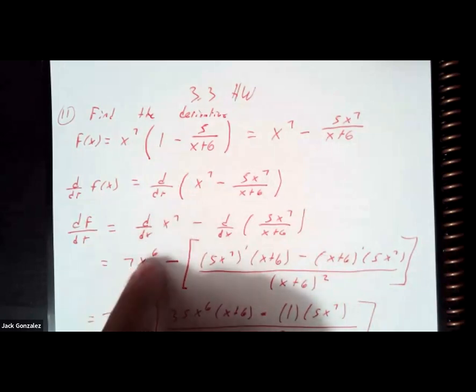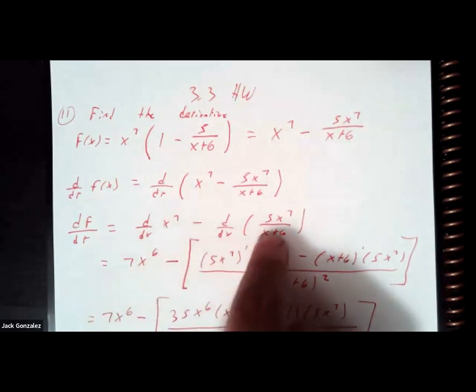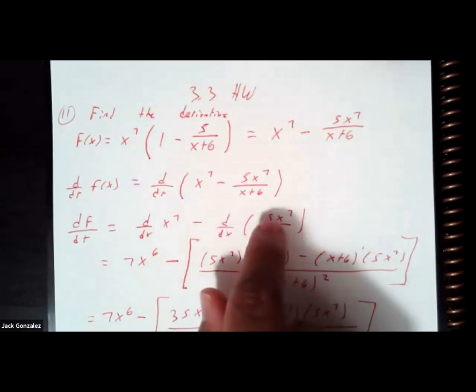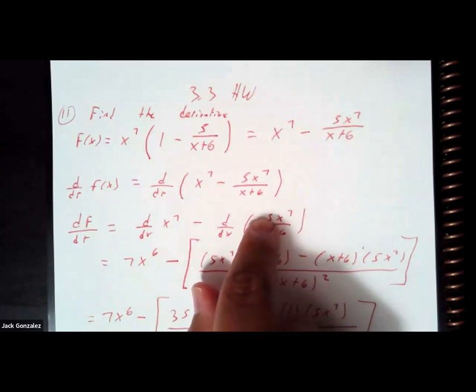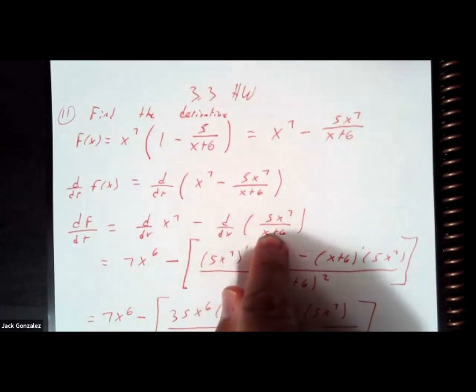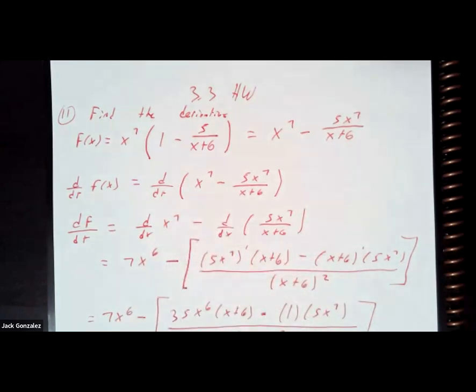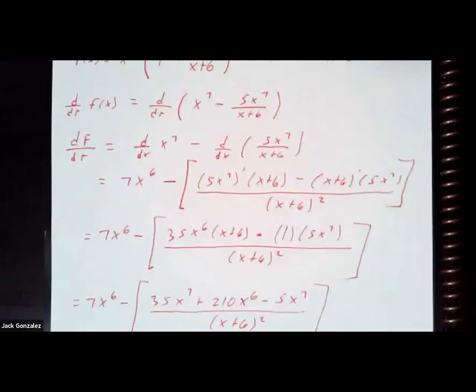That'll give you a power rule, and then this will be a quotient. So just use your quotient formula there. Your only difference is instead of a 5, you have a 2. Instead of a 6, you have a 3. And this would be a 6, but exactly the same.